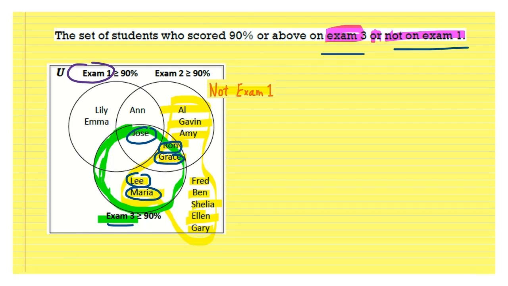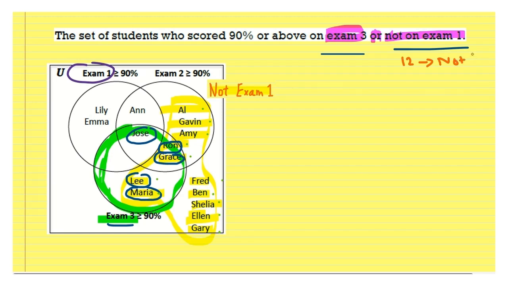So all of the not exam 1 is going to be 1, 2, 3, 4, 5, 6, 7, 8, 9, 10, 11, 12. There were 12 members in the not exam 1 category.